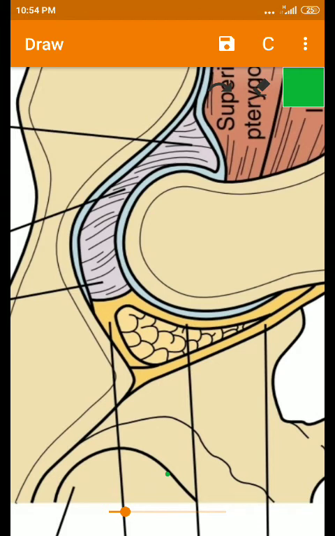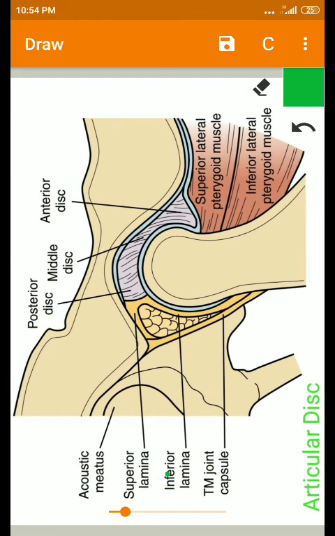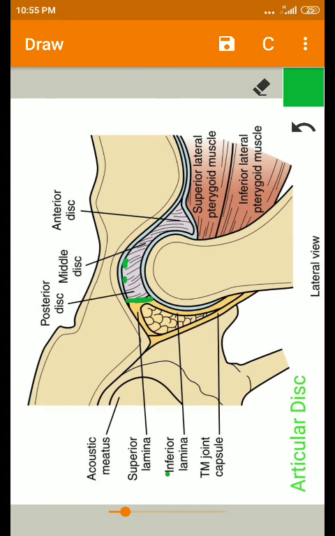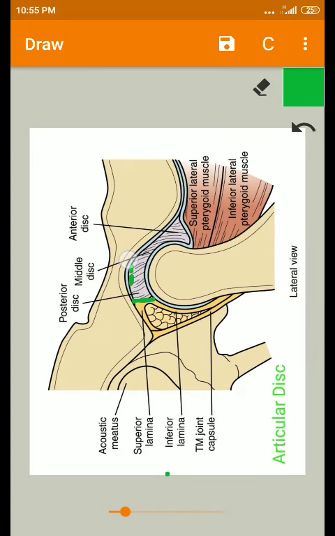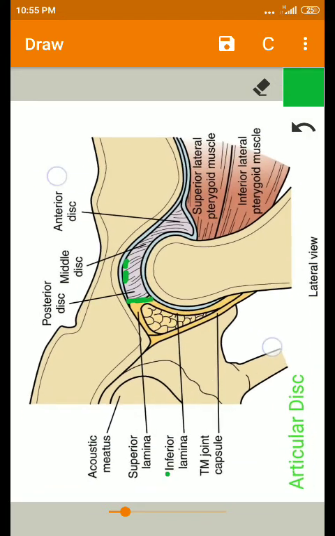Now we will see what the attachments of the articular disc are. This articular disc is not simply present inside the joint, but it has some attachments inside the joint cavity which maintain it in position, both during rest and during movement, so that it stays in between the two articular surfaces to maintain the congruence of the temporomandibular joint.